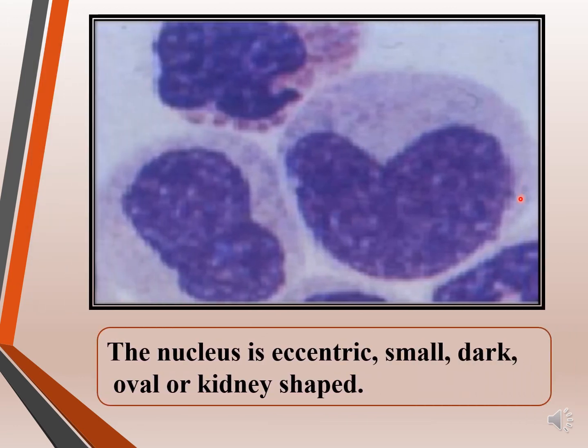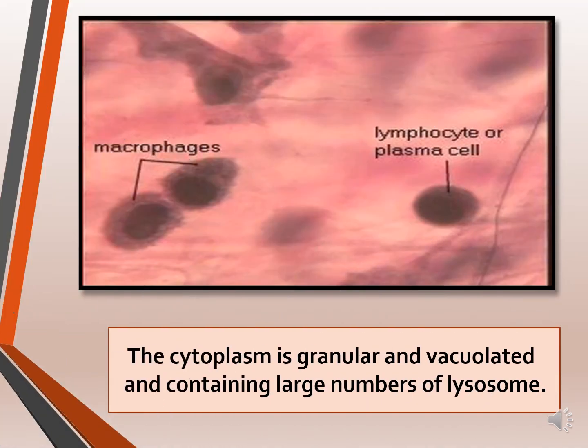It is small, dark, oval or kidney in shape. The cytoplasm is granular and vacuolated, containing a large amount of lysosomes, because their function is to engulf any foreign particle or microorganism and destroy it.